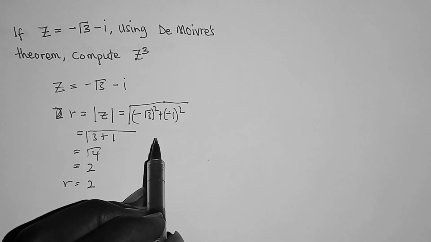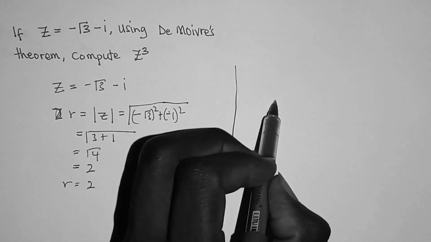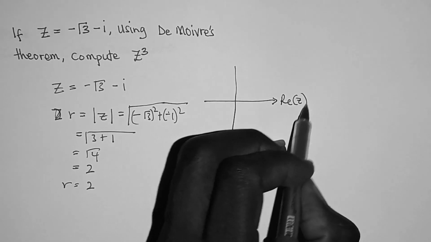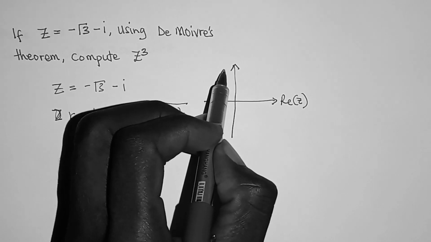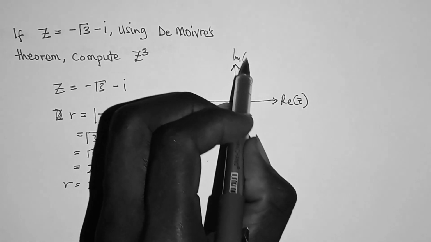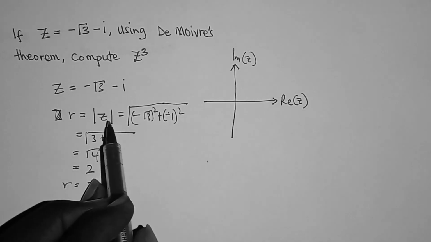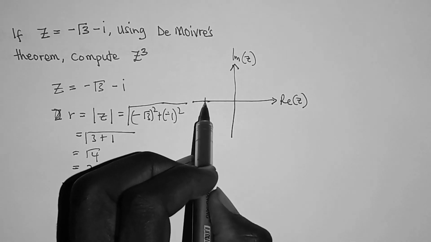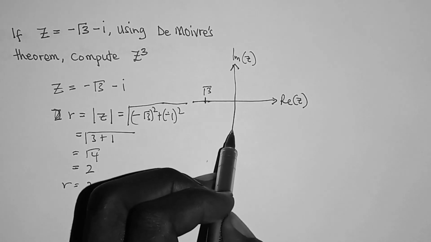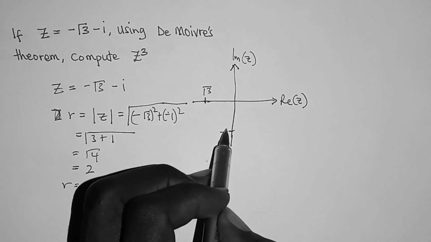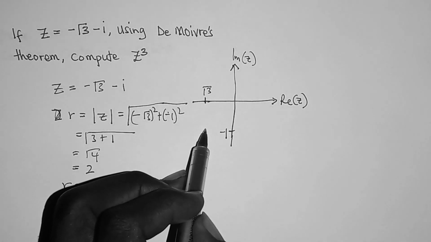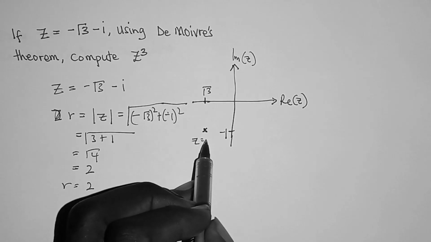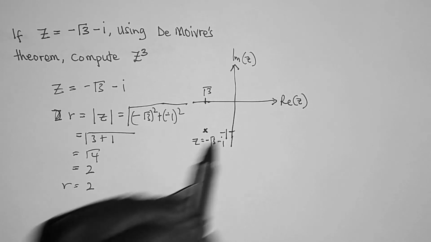And let's go ahead and sketch it on the real and imaginary axis. So this is the real part of z, this is the imaginary part of z. It is minus root 3 minus i. So let's assume here is root 3, and let's assume that this place is minus 1. So minus root 3 minus i is this point. So z equals minus root 3 minus i.